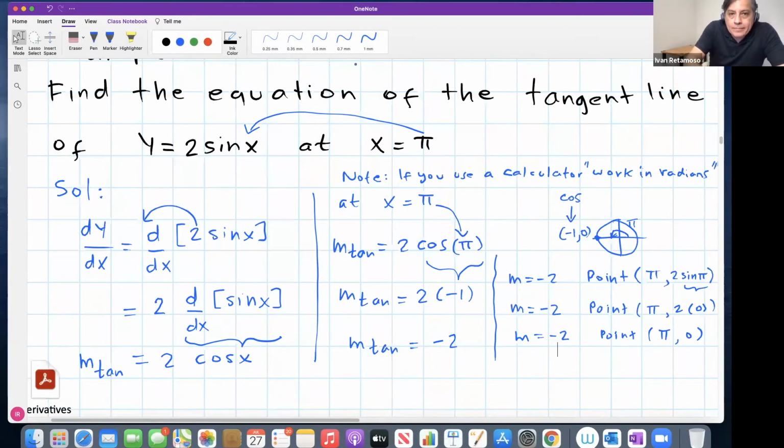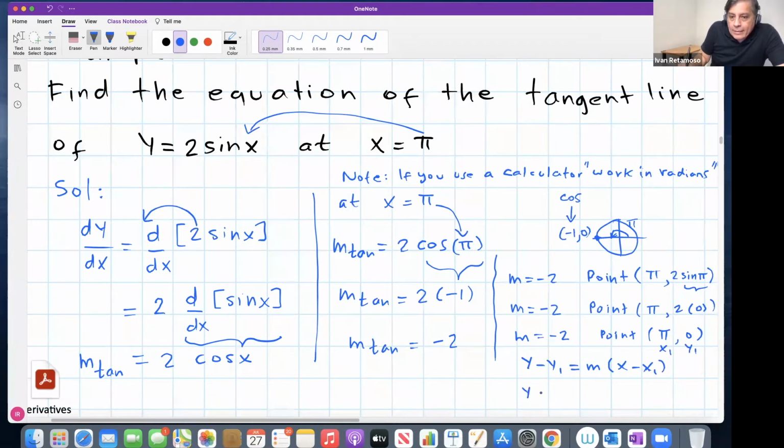So now, having the point and having the slope, you should be able to compute the equation of the tangent line following this point-slope form, or there are other methods; follow any method you feel comfortable with. This is x1, this is y1. The slope we know is -2.